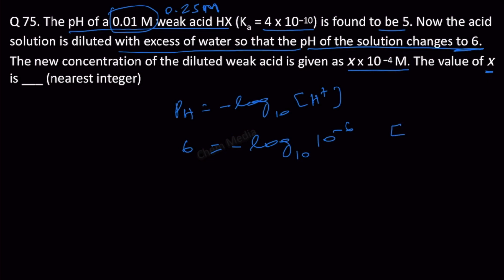So therefore the H plus ion concentration is equal to 10 to the power minus 6.